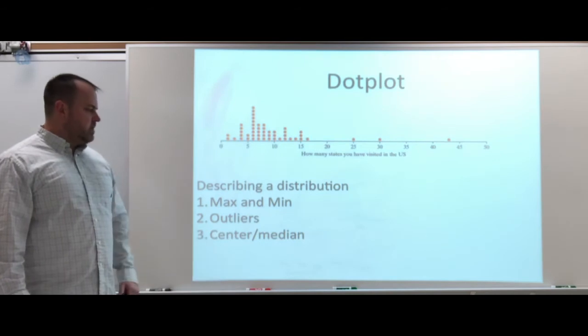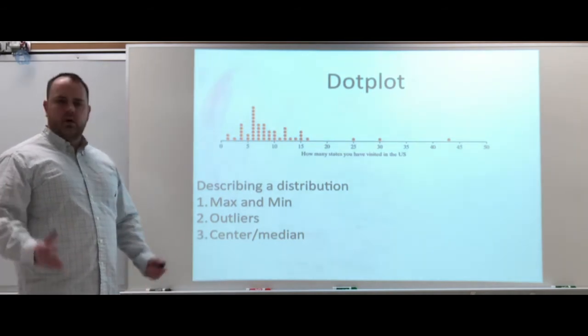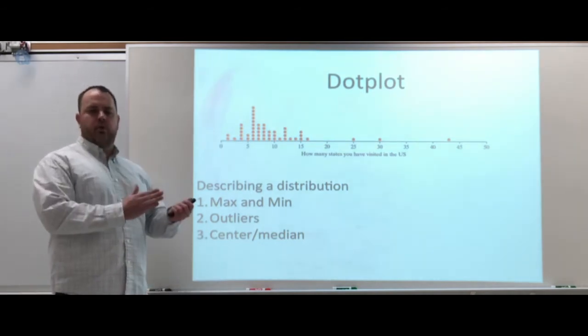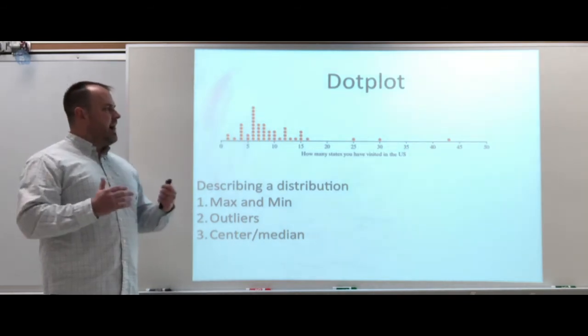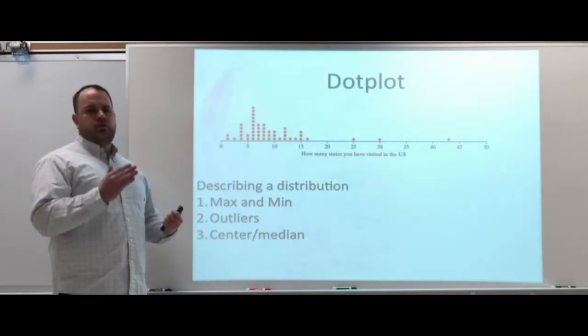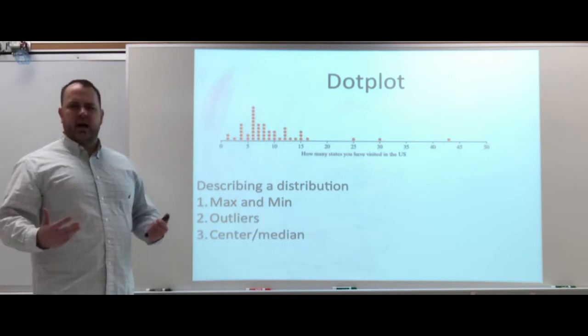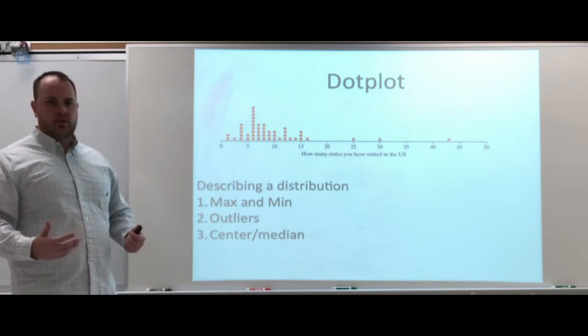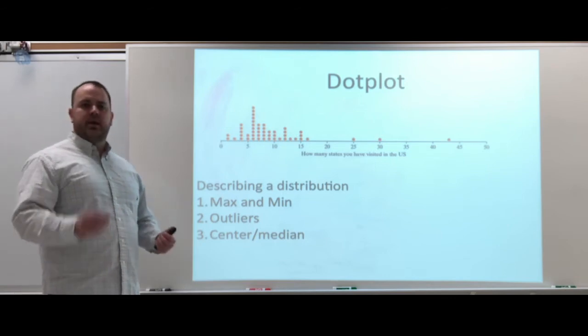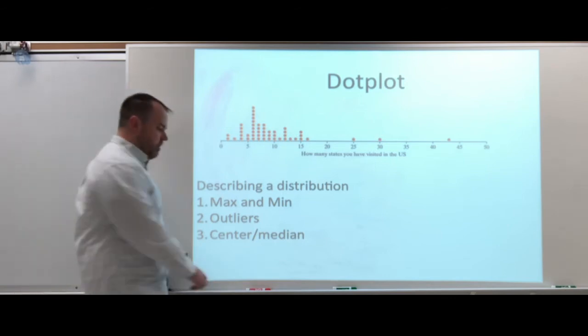You should also be able to estimate your center, the median. Where is the center point? When I ask you to do that, I don't want you to start calculating the median, which you could do. I want you to just eyeball it. You don't have to give me one exact answer; you can give me a range.